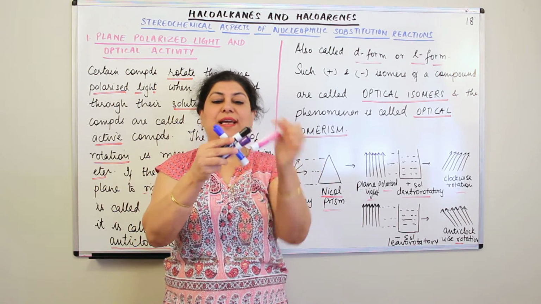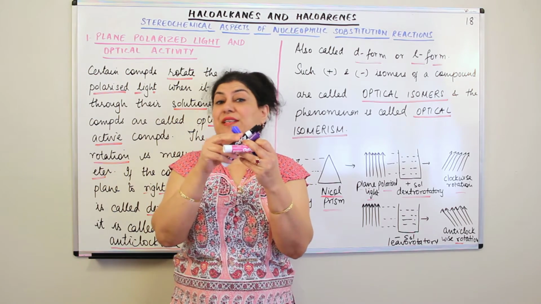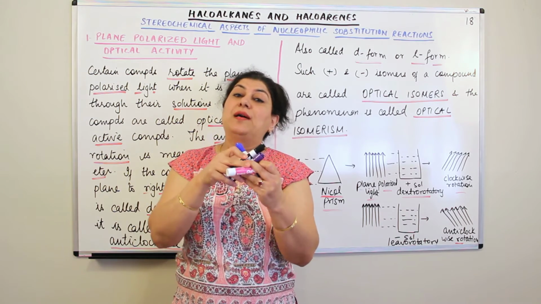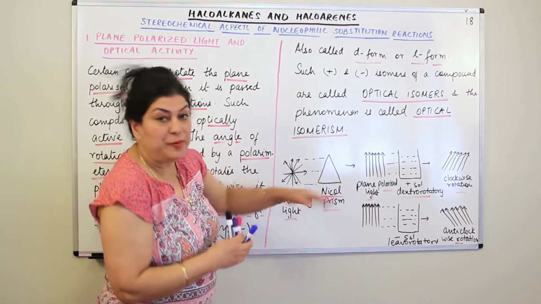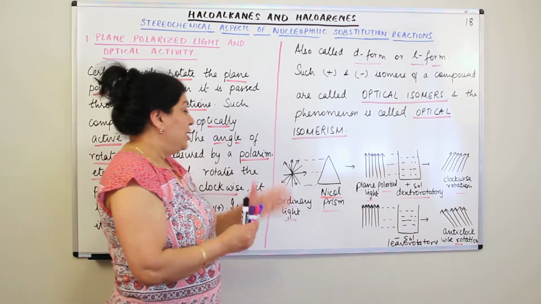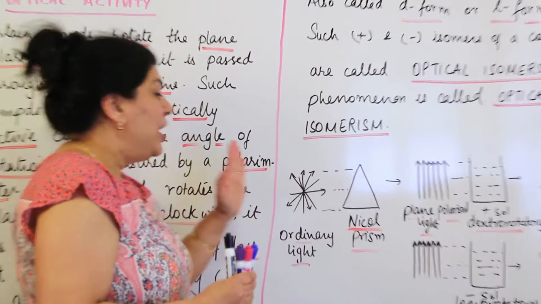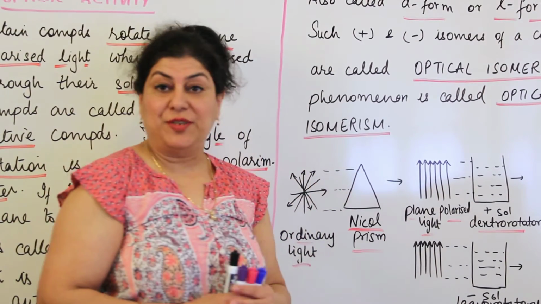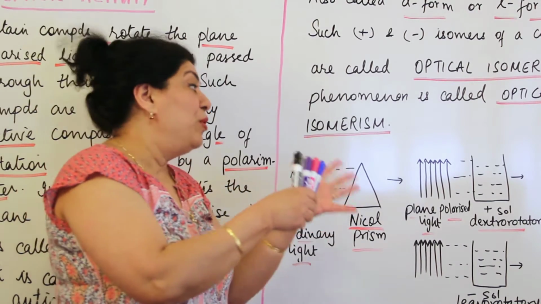From any source of light, the light that comes out would be scattered in different directions. If we pass this light through a prism, here we have a nickel prism, it becomes plane polarized.